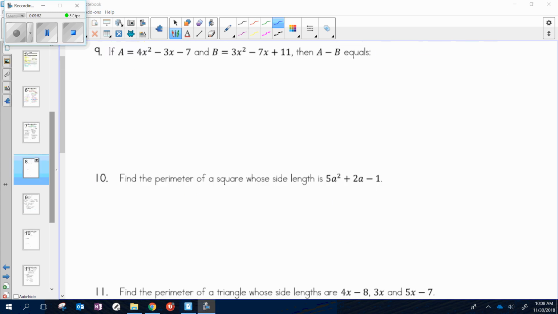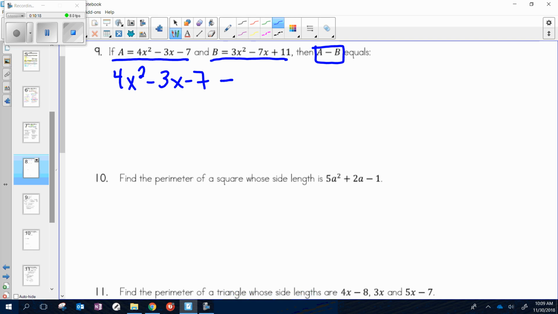So now if you turn the page, we're looking at question 9, which is saying if A is equal to this polynomial, 4x squared minus 3x minus 7, and B equals 3x squared minus 7x plus 11, they want to know what A minus B would equal. So I'm going to take my polynomial A, which is 4x squared minus 3x minus 7, and subtract, which means I need parentheses, the B, which is 3x squared minus 7x plus 11.